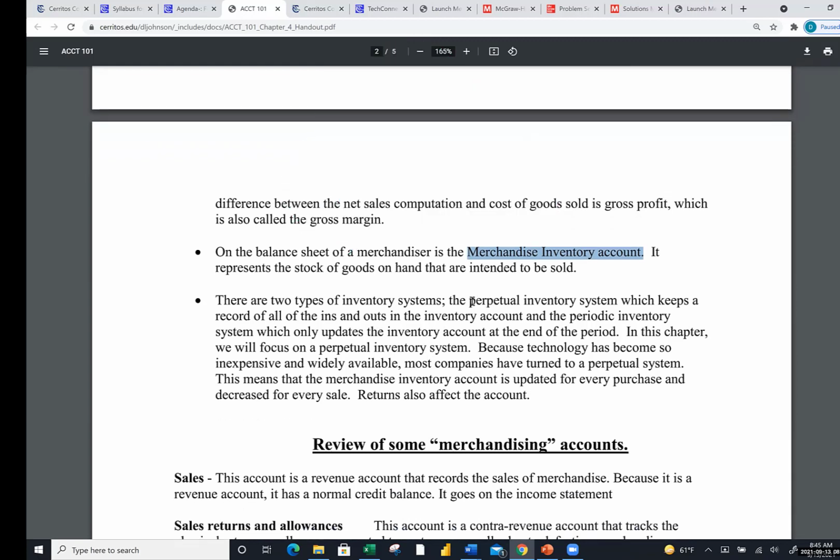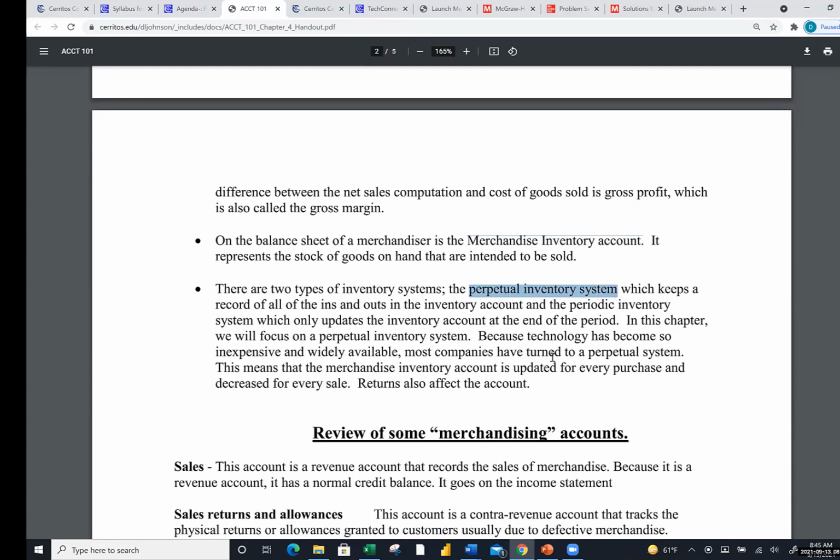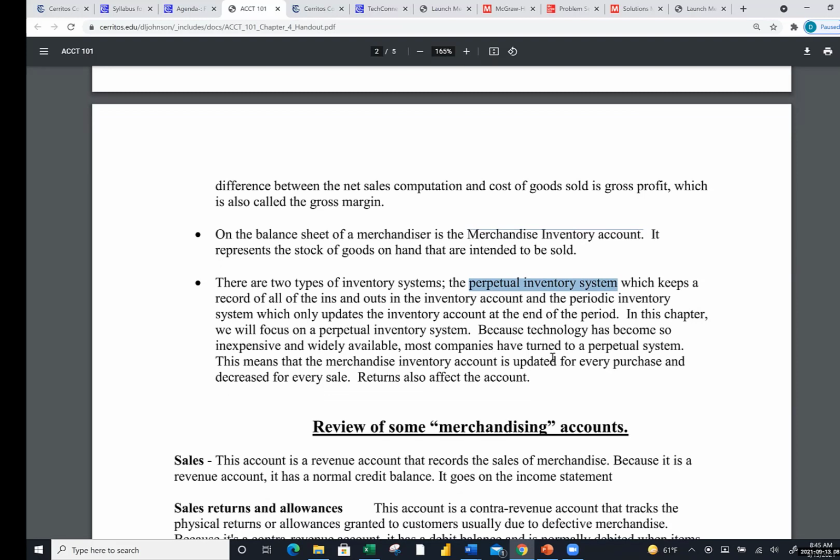But the 99-cent store and Best Buy and Home Depot and all those other places that we shop, the largest income statement account is sales, followed by cost of goods sold. And most of those, I don't know about the 99-cent store, I don't know what their accounting system is, but I do know that Best Buy and Home Depot have very sophisticated perpetual inventory systems. So if you've ever wondered how a computer knows whether a certain inventory item's in stock?